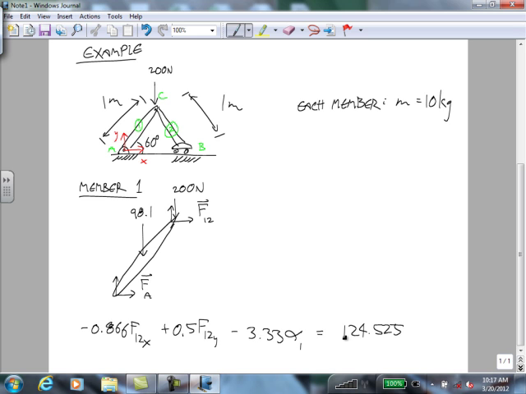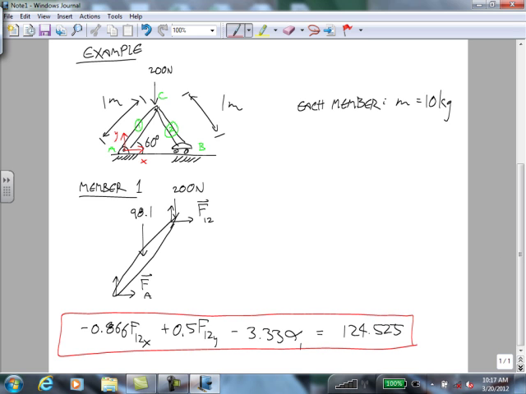Is that right? Okay. So there's our first equation. And the variables so far, we have F12, X and Y components, and we have alpha 1.